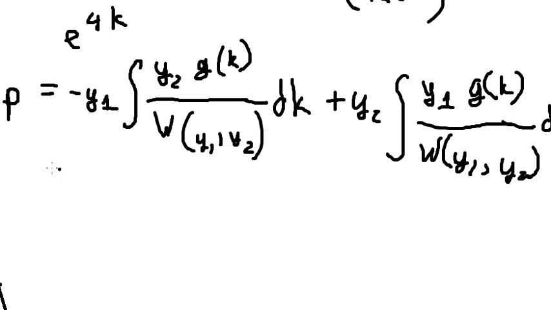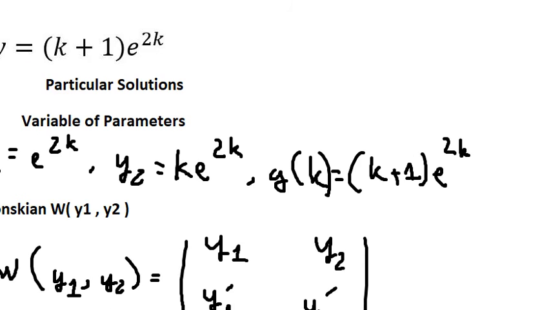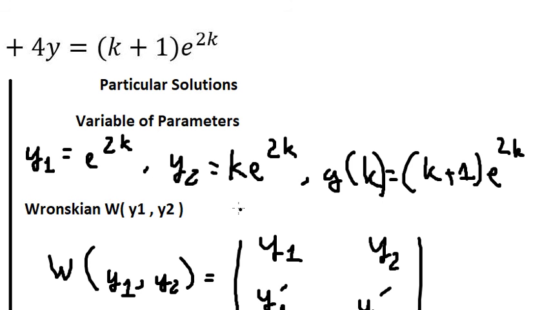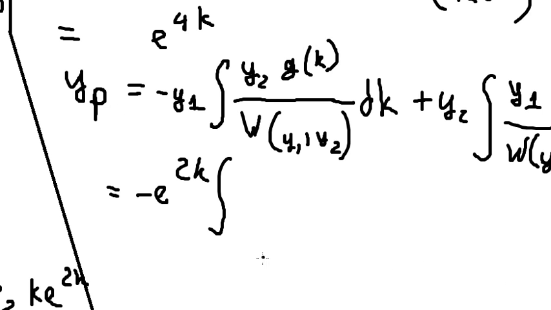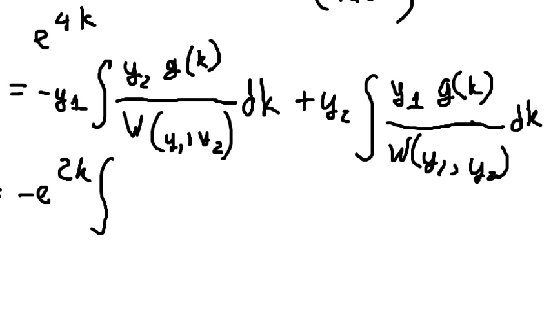Now we put the formula in here: y1 is e to the power of 2k, y2 is this one, g(k) is this one, the Wronskian is this one. And now we have like this.